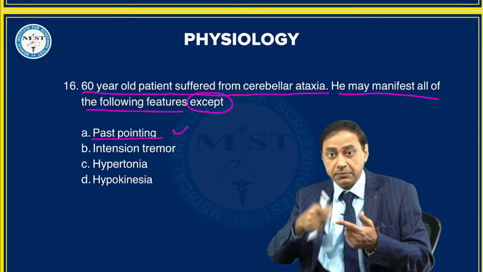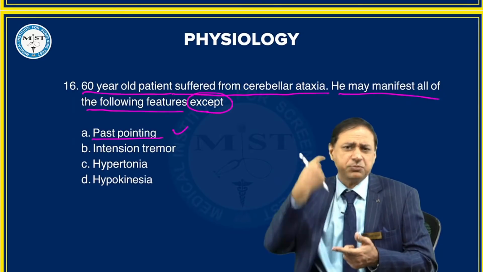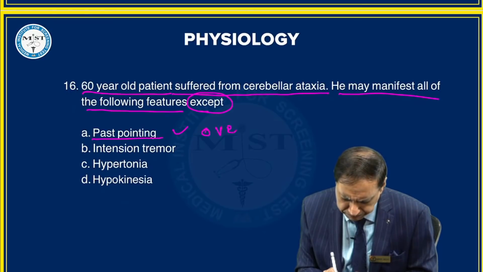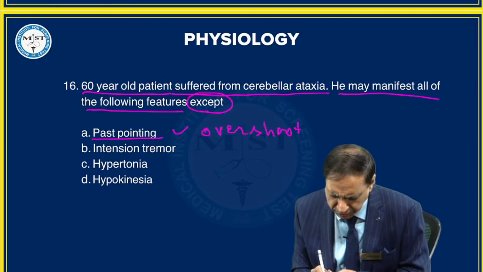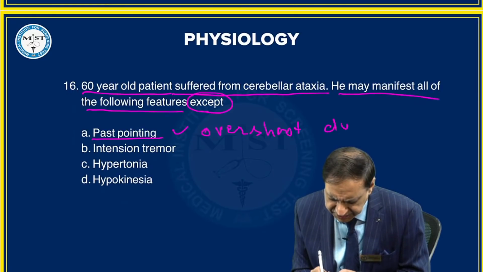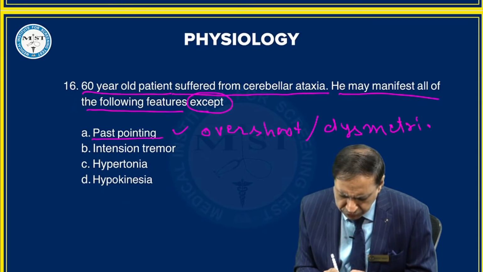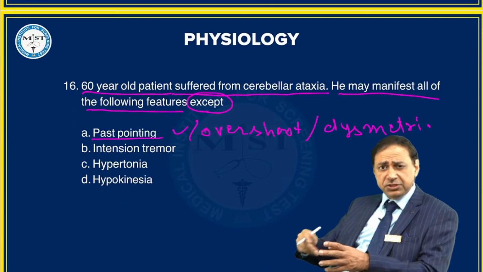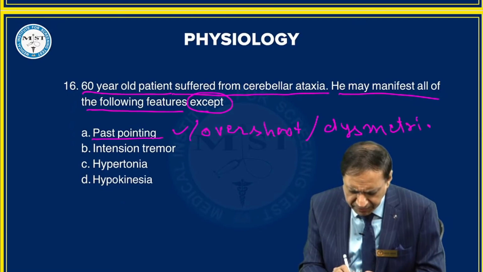In the finger nose test, just ask him to do this. He won't be able to do this. Past pointing is also known as overshoot, and also as dysmetria. Past pointing, overshoot, dysmetria, same thing. Dysmetria means you don't have the idea of distance. So there is past pointing.